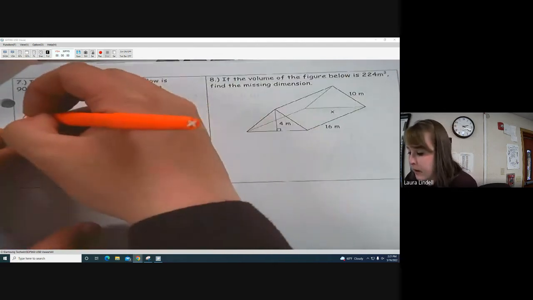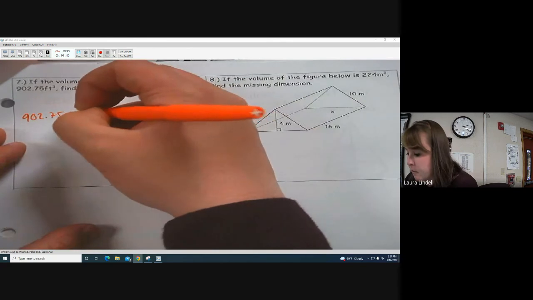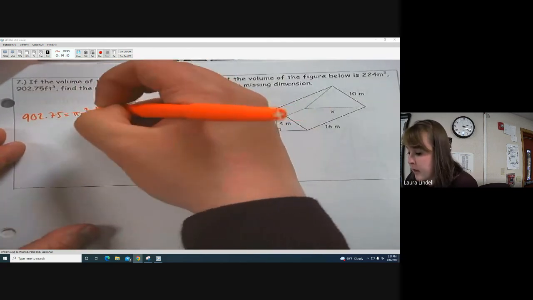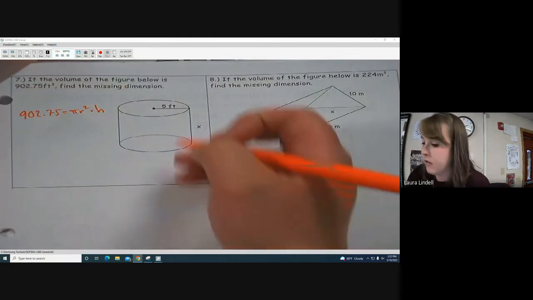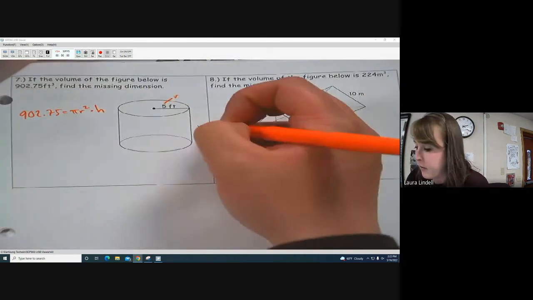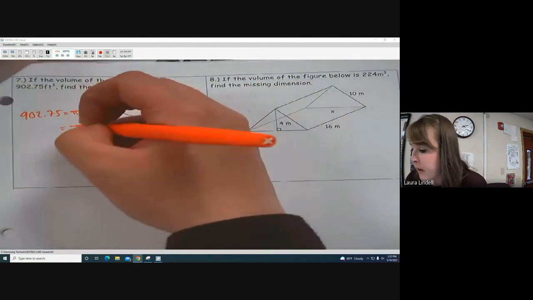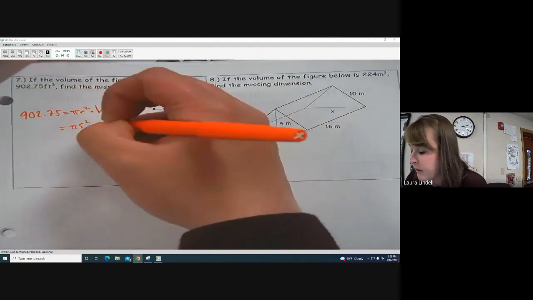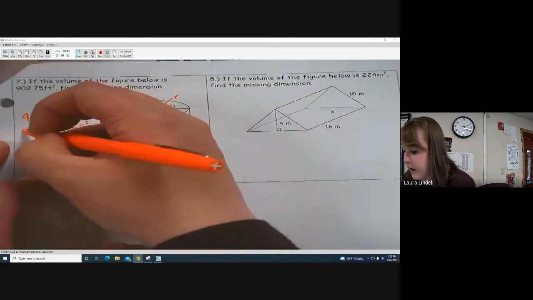So I'm going 902.75 equals pi r squared times the height. Then plug in what you have. So we have that 5 is the radius. We have that x is the height. So 902.75 equals pi times 5 squared times x. And then solve for x.